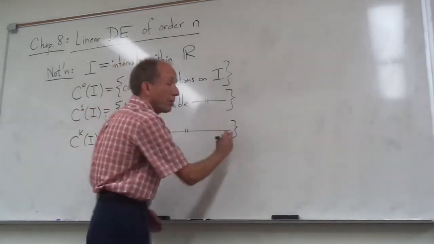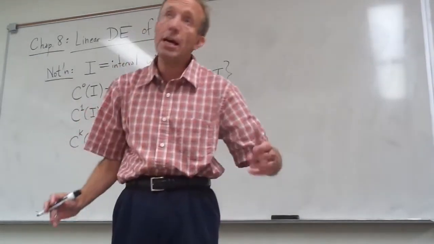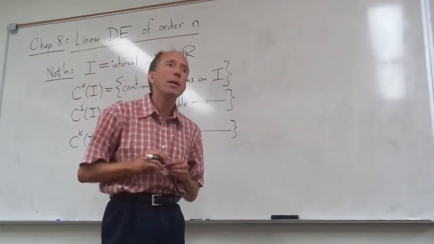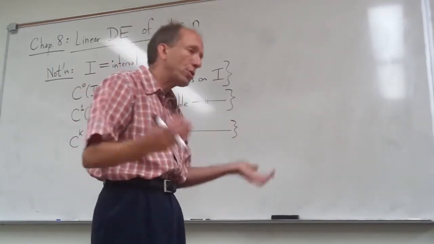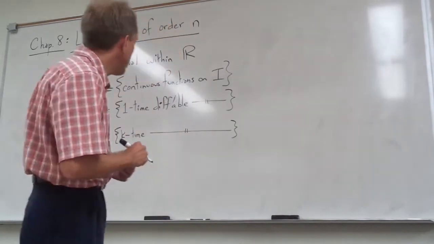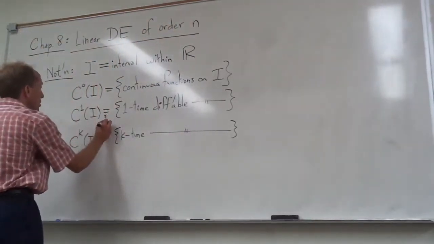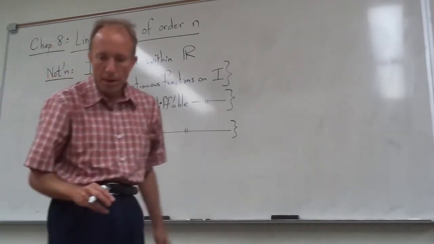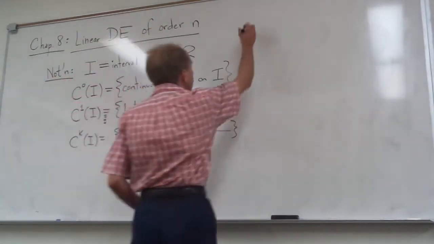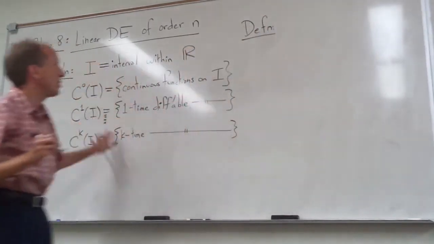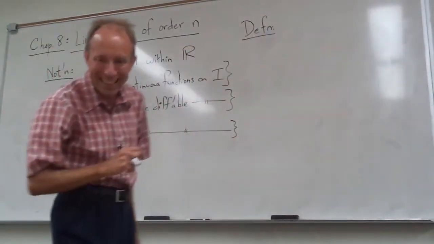Sometimes you can differentiate a function for a while, but then after a few derivatives, you can't anymore, right? You might end up with fractions, dividing by zero issues, things of that nature. So these are functions that you can differentiate a certain number of times. But really what I want to focus on, and where we're really going with this, is not so much this notation. This is just kind of clutter in the background.